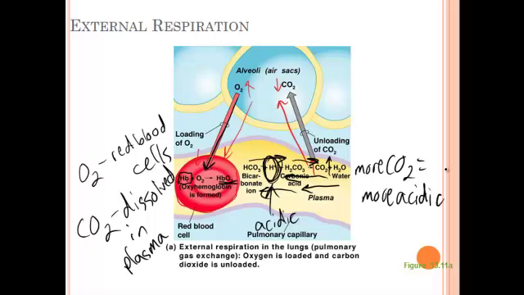And that's not necessarily a problem, but if it becomes too acidic, that does become a problem. And so we don't want to have too much CO2 in our blood. That's a homeostatic mechanism controlled by our body to make sure that the CO2 remains pretty constant.